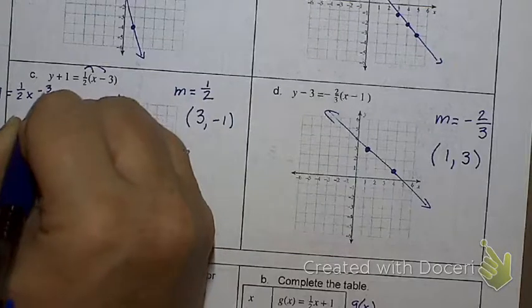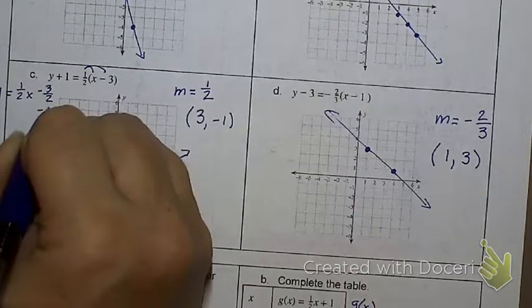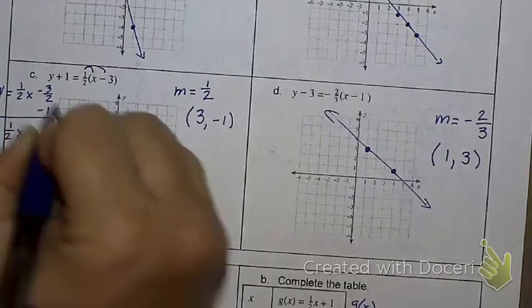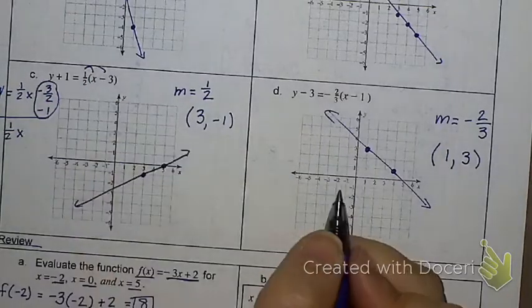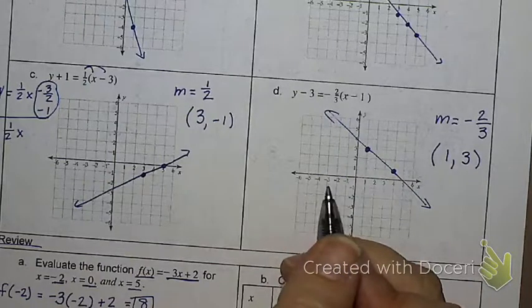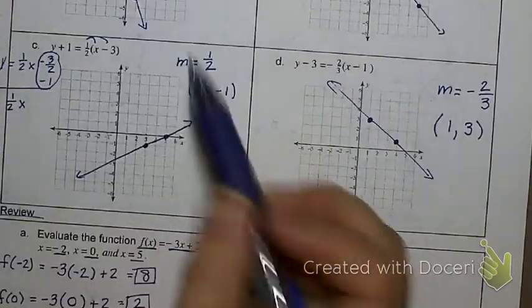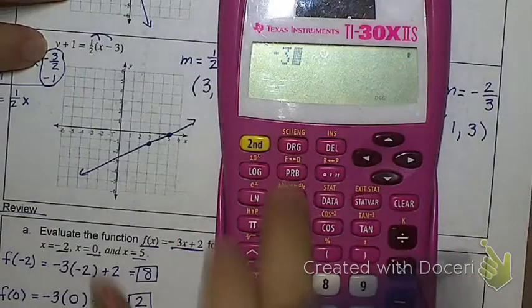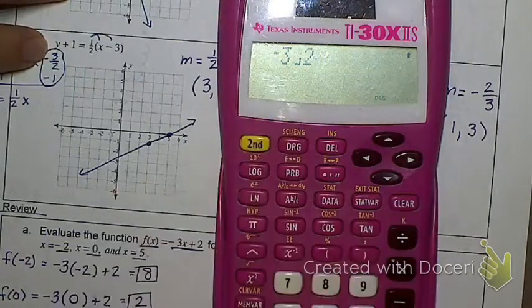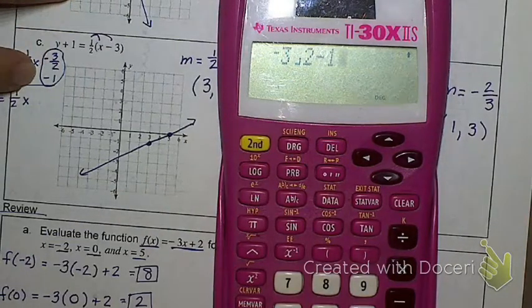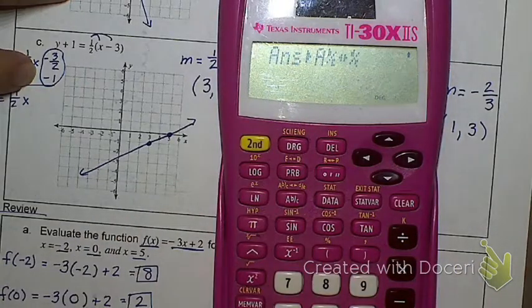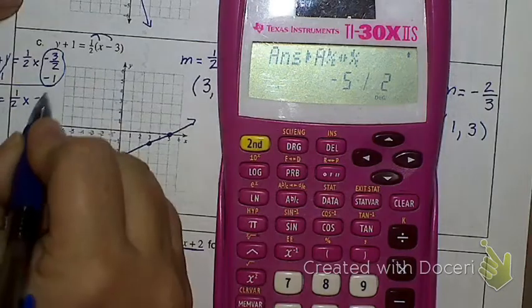Minus 3/2, and you would have to subtract 1, right? So y equals 1/2 x, and then this is the part that gets tricky. Well, first off, negative 3/2 minus 1 is not going to give me a nice number. I can use my calculator and say negative 3 fraction button 2, that's negative 3/2, minus 1 gives me a mixed number. If I hit second fraction button enter, it's negative 5/2.